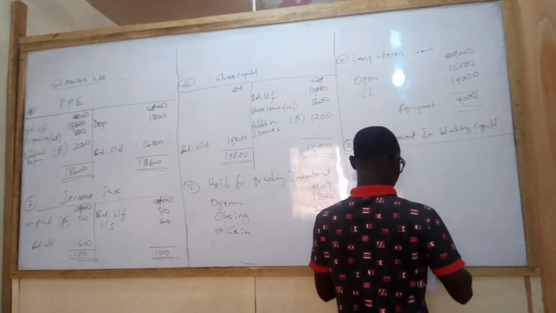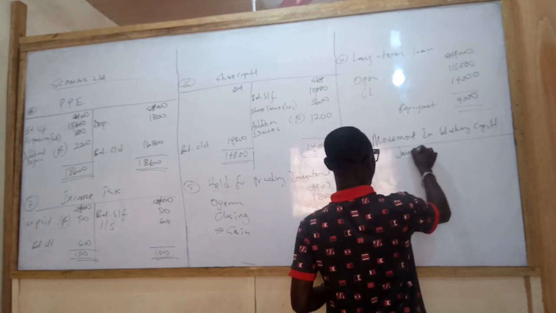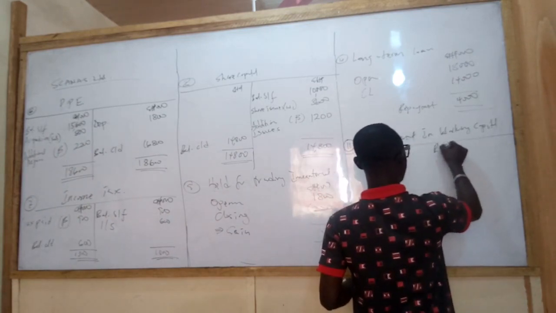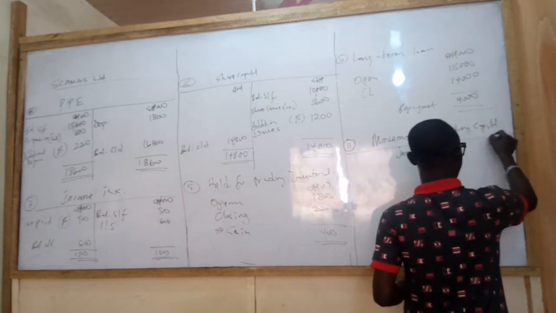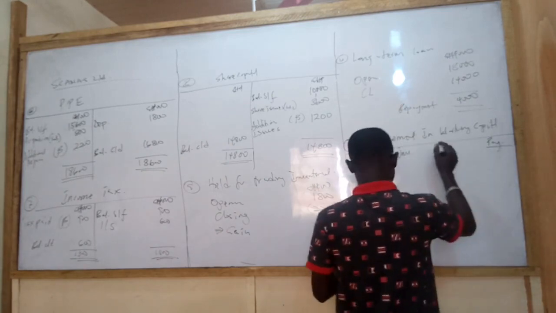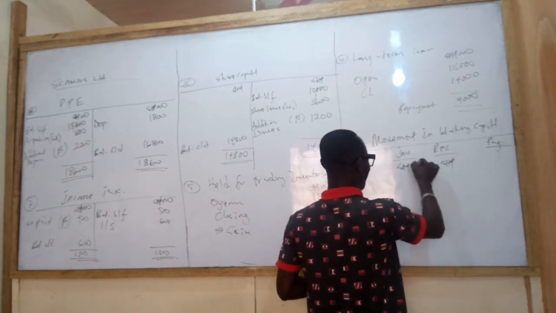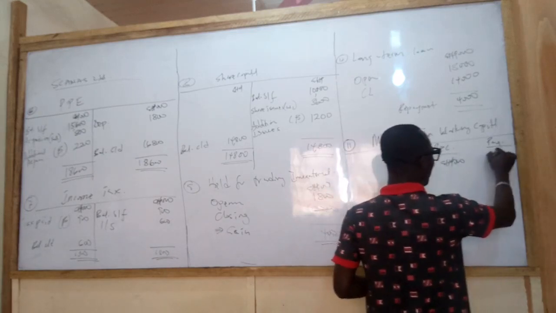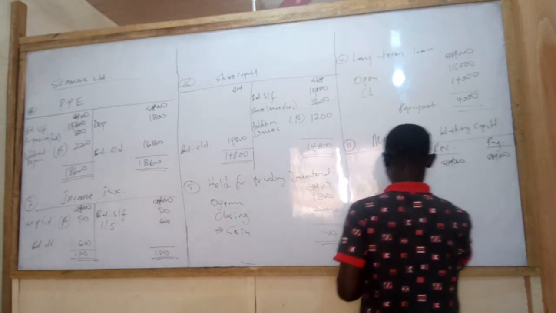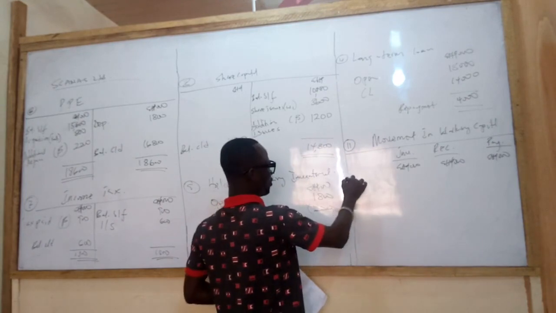So let's have movement in working capital. Inventories, receivables, and what? Payables. Now follow me and look at how simple that is.